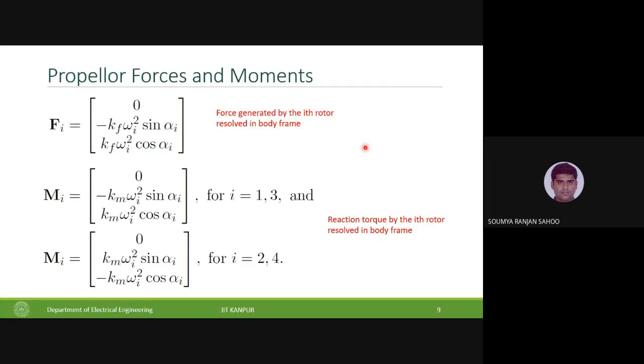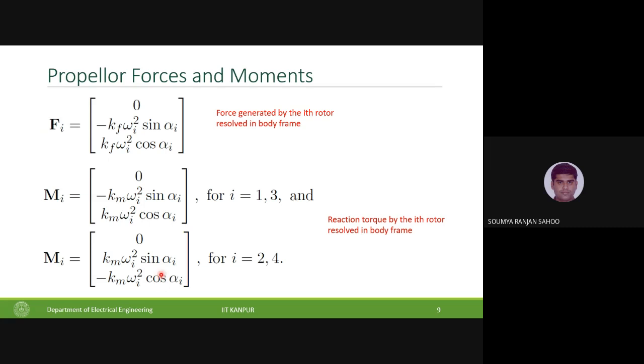Now coming to the modeling, as I said, the forces and moments that are being generated because of the propeller are these. The force that is generated can be resolved into two quantities, one in the horizontal direction and one in the vertical direction.